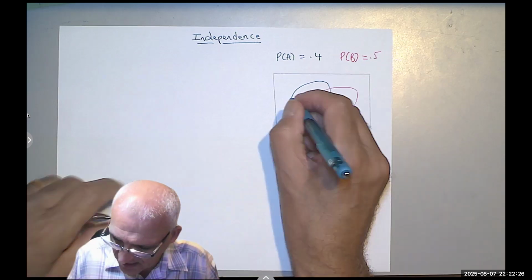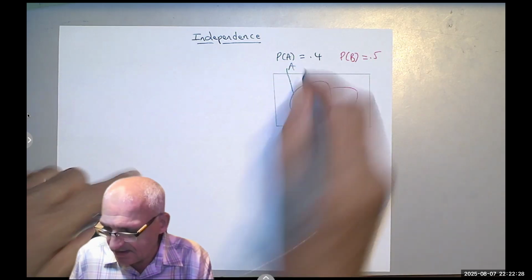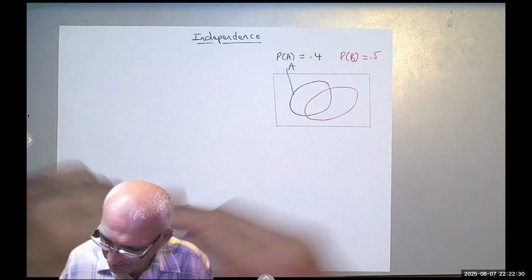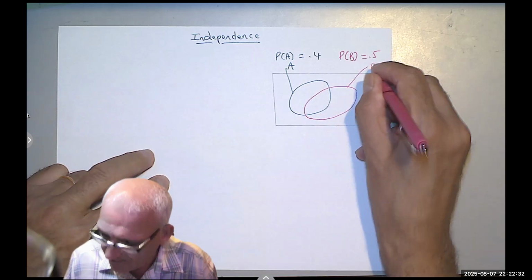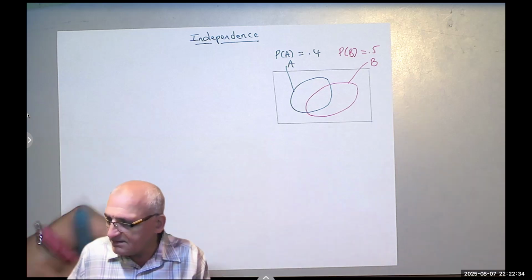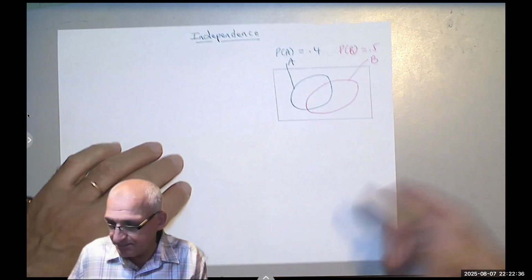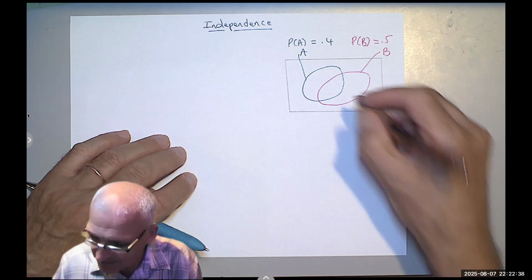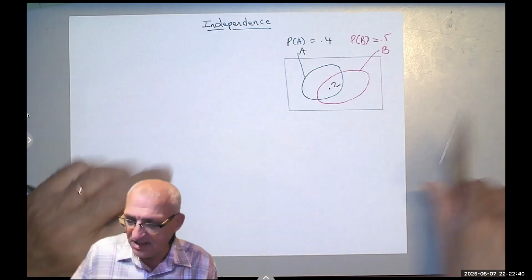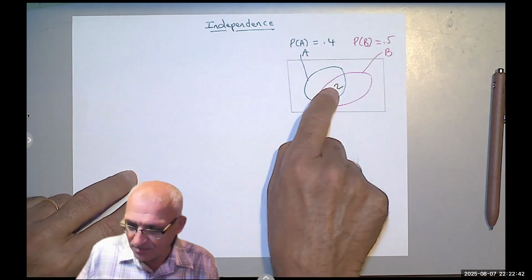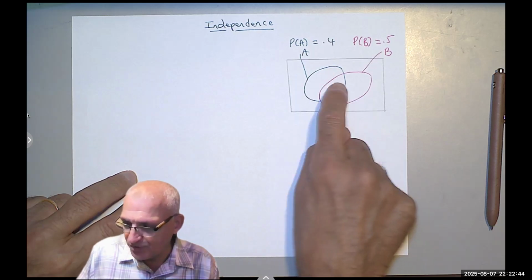This is A, and that's B. And the intersection part, A and B, is 0.2, meaning this is 0.2 and 0.2, and this is 0.2 and 0.3.